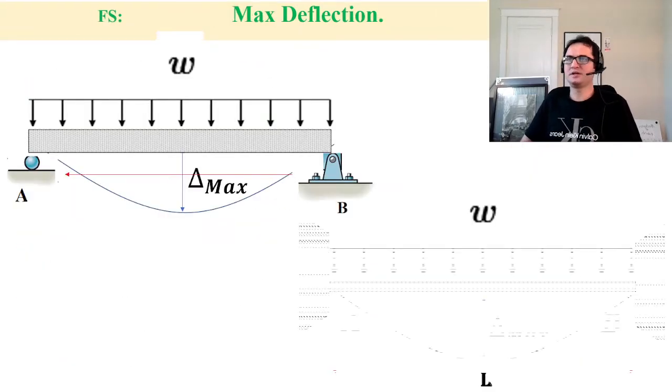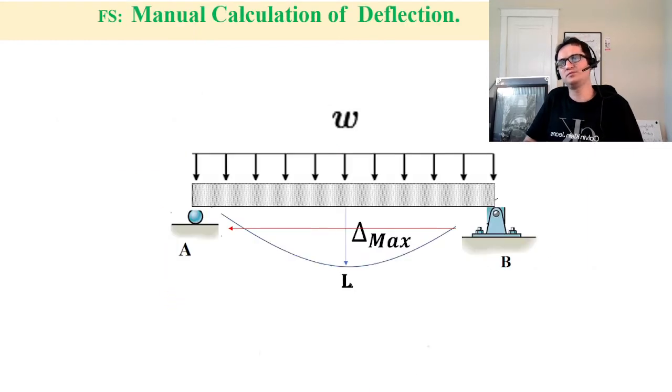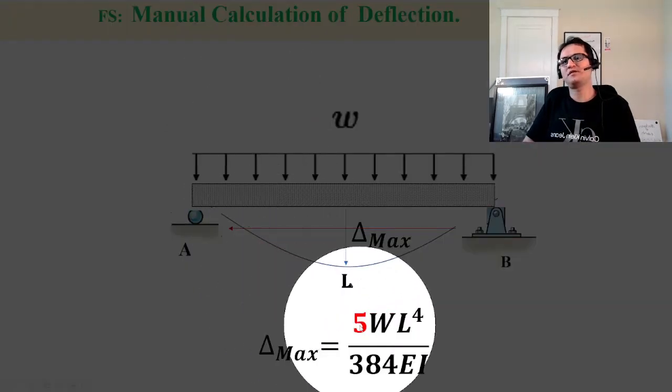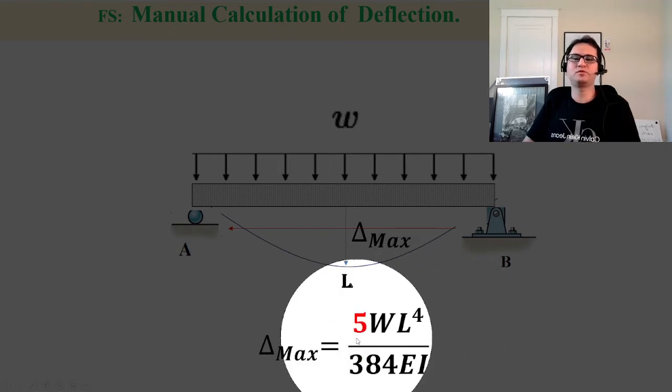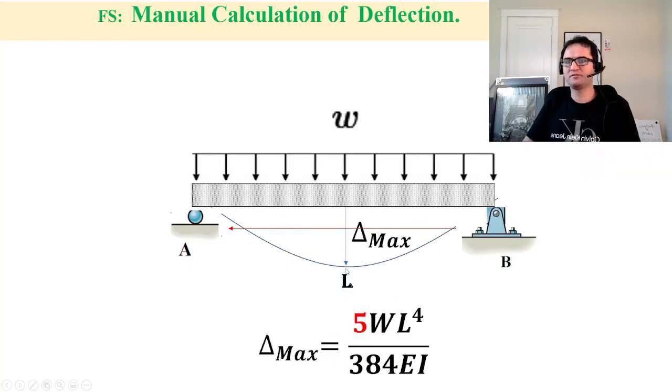For example, in these two cases, if you compare beam one with beam two, the first one, a simply supported beam carrying a uniformly distributed load w, has a delta maximum of 5wL⁴ over 384EI.